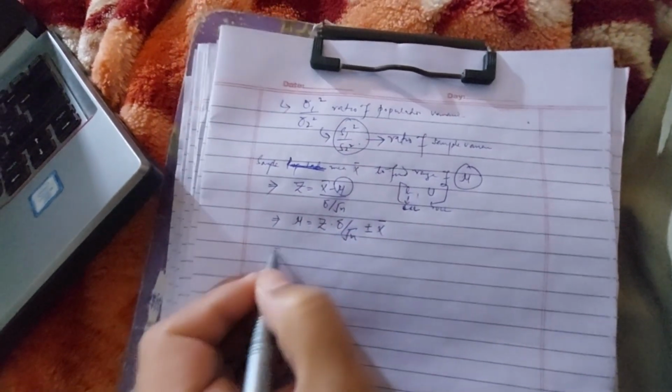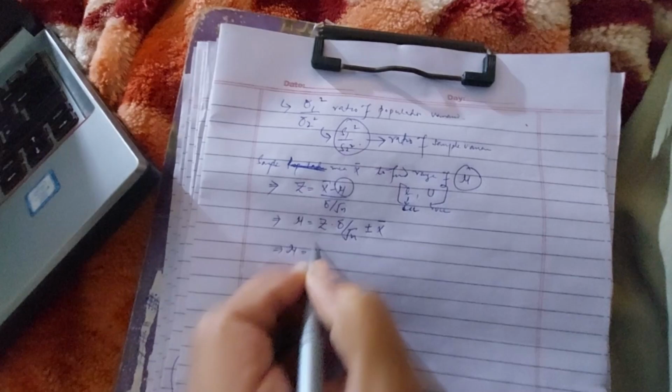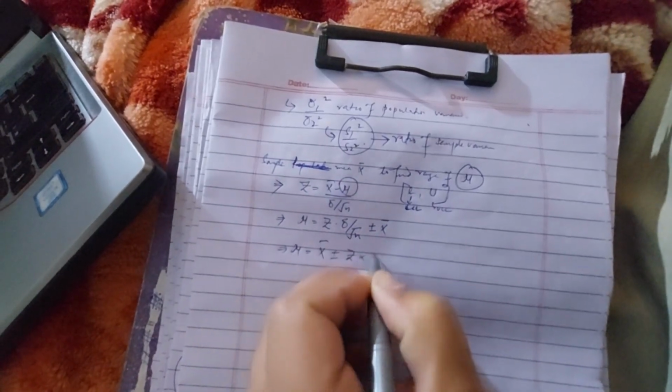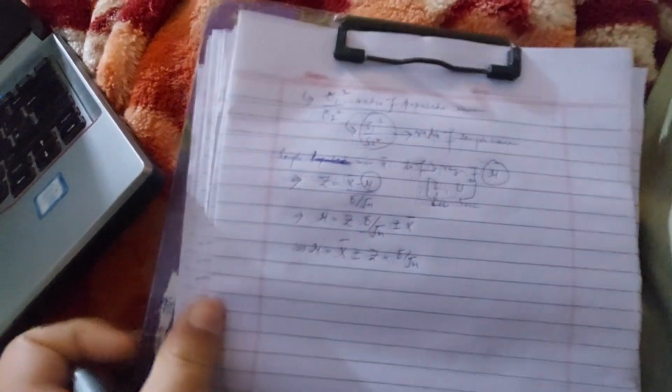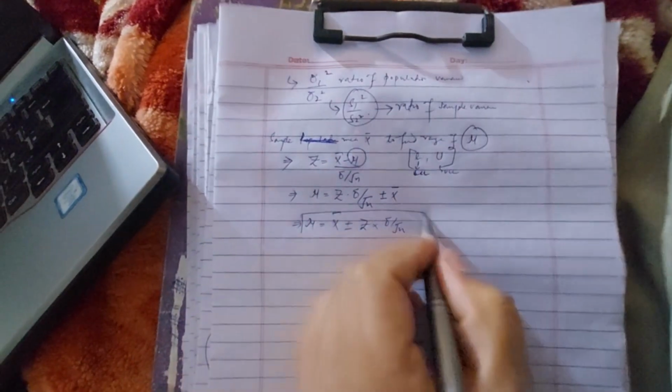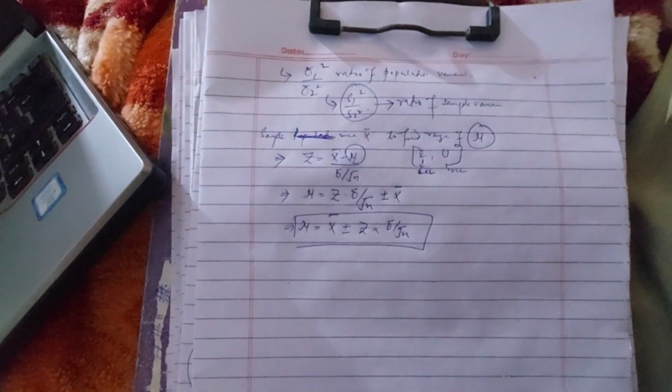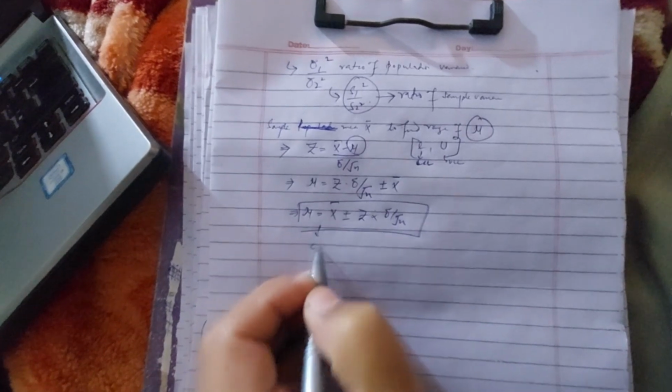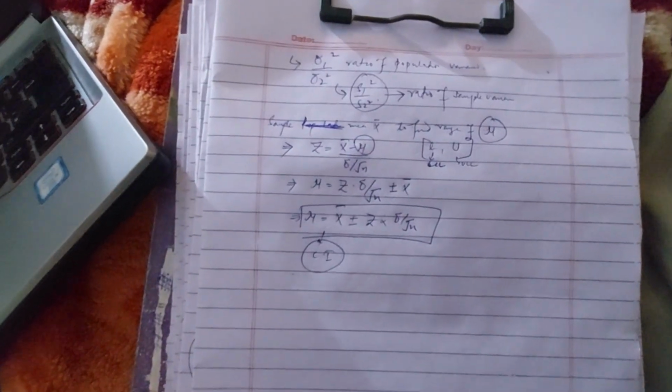When we rearrange it, we can say that mu is equal to x bar plus minus z into standard deviation divided by under the root n, which is exactly the same formula that we use for the confidence interval definition.